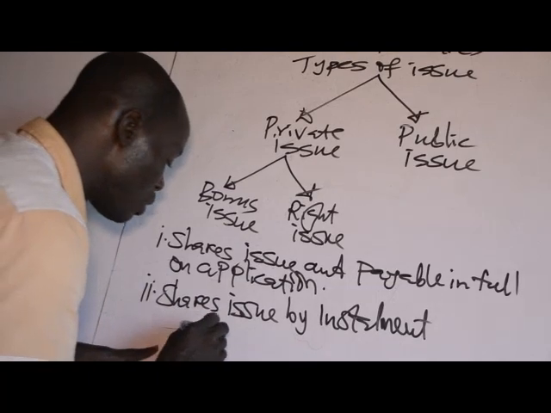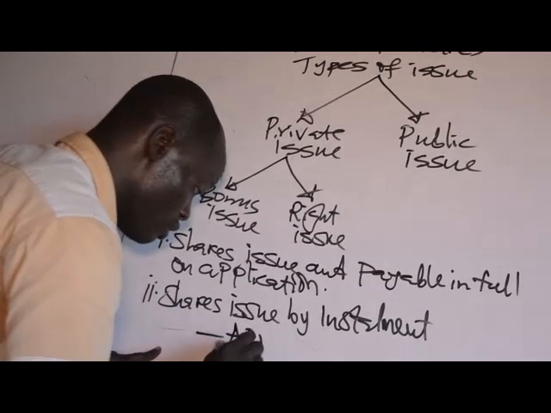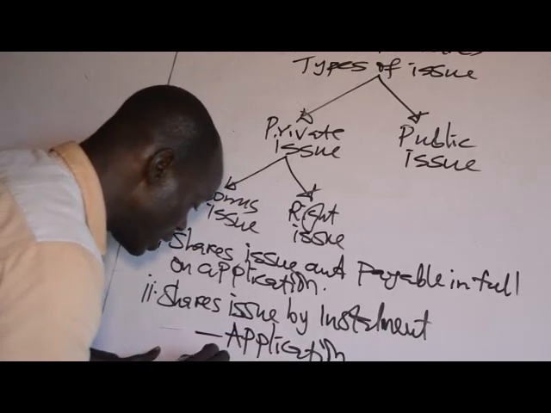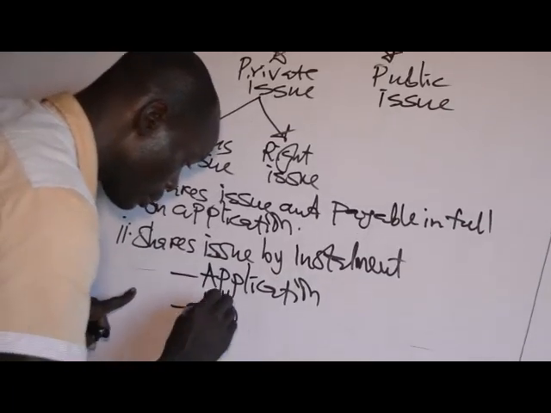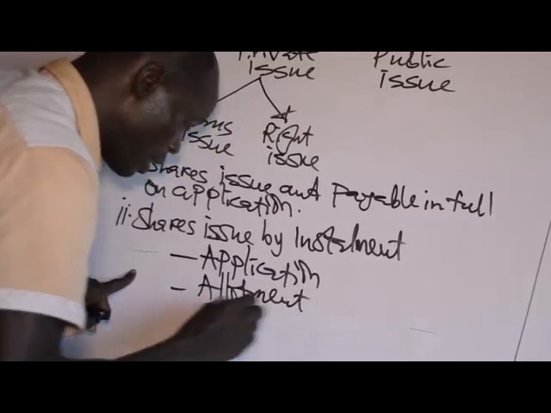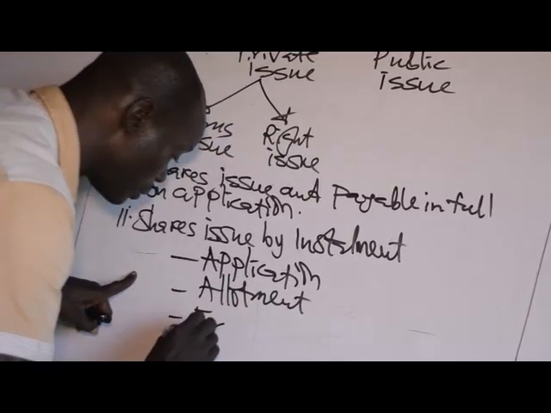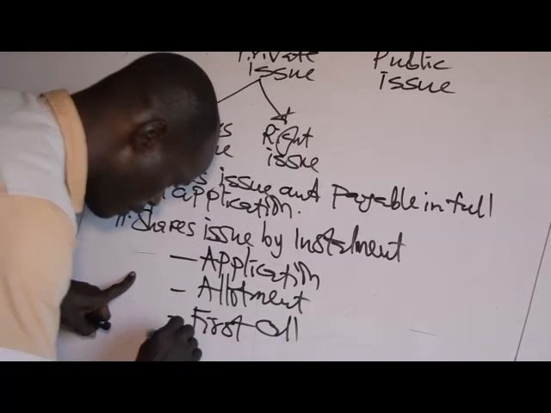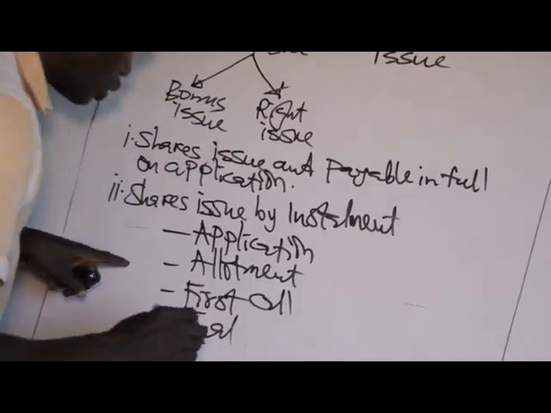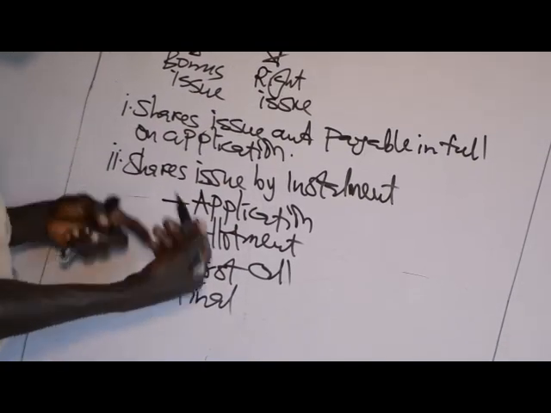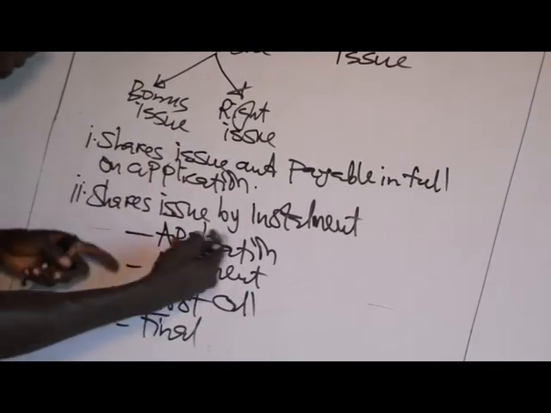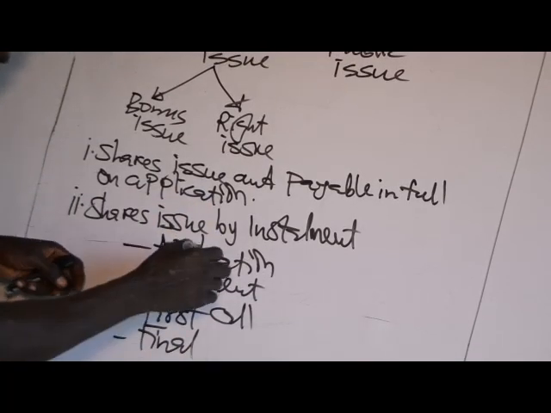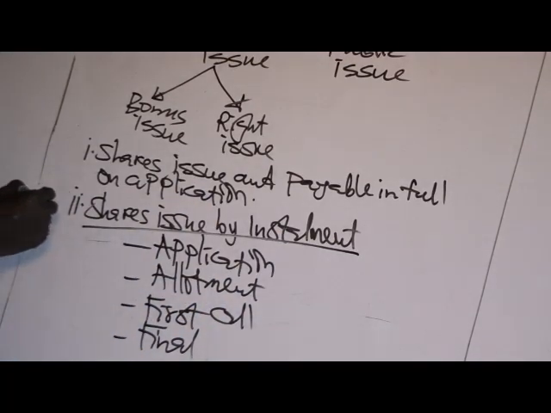That means a certain amount will be paid during application, another on allotment, another may be paid on first call, another on second call or final call. So when you have application, allotment, first call, final call, with different amounts payable at different stages like that, you know that the shares are issued by installment.